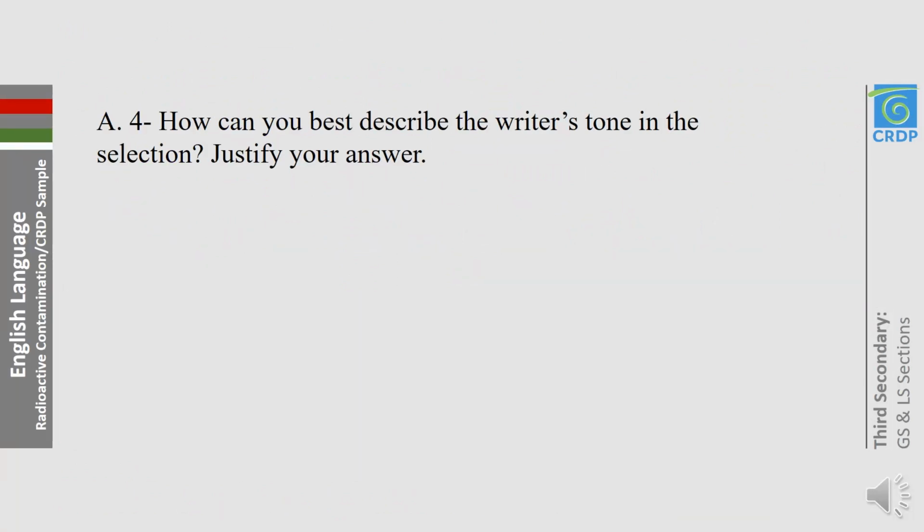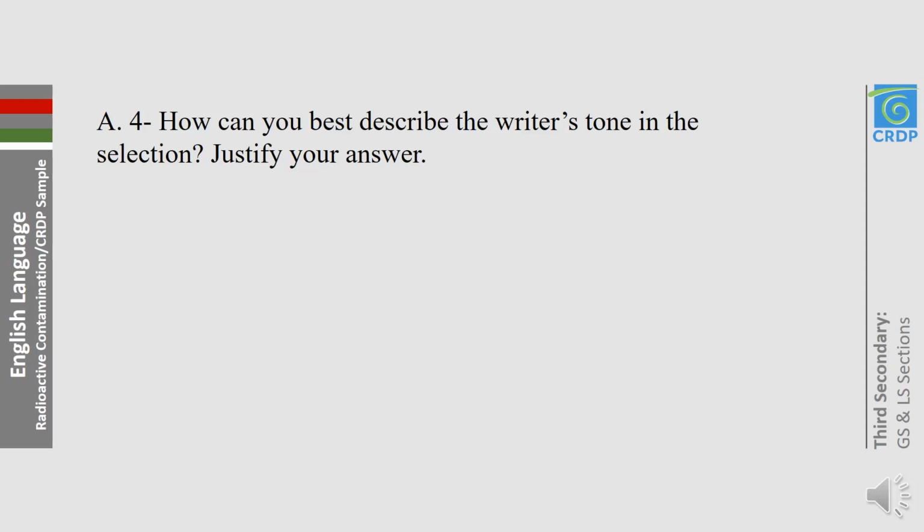A4. How can you best describe the writer's tone in the selection? Justify your answer. When answering the question of the tone, we have to identify the tone and explain by referring to the text.